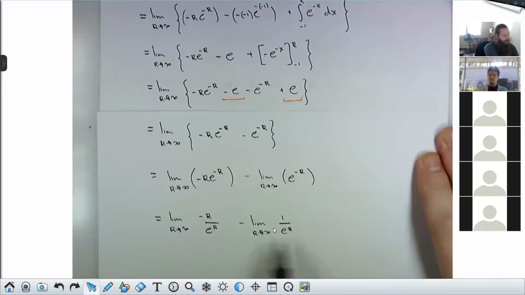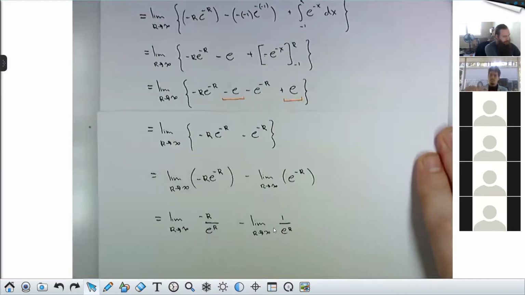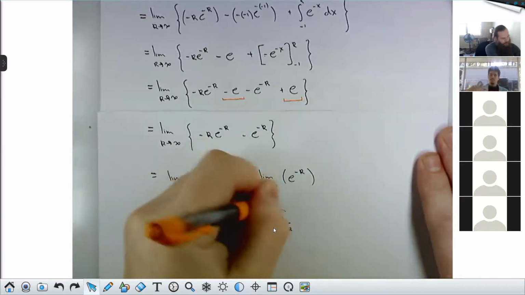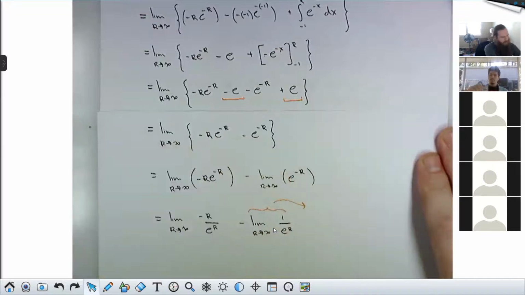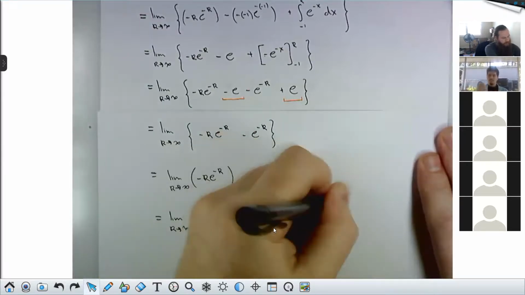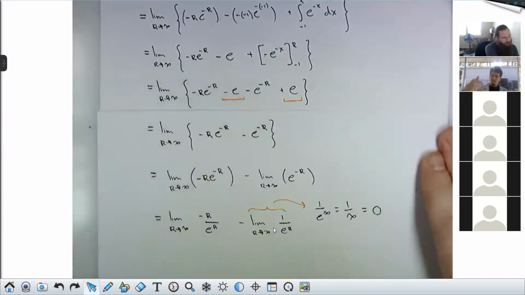As r goes to infinity, e to the r goes to infinity. So this piece right here is 1 over e to the infinity, which is 1 over infinity, which is 0.